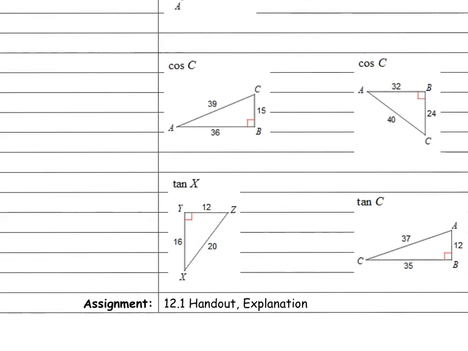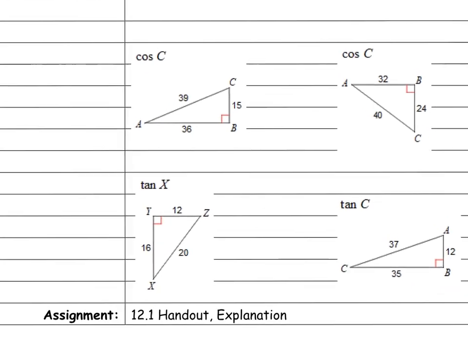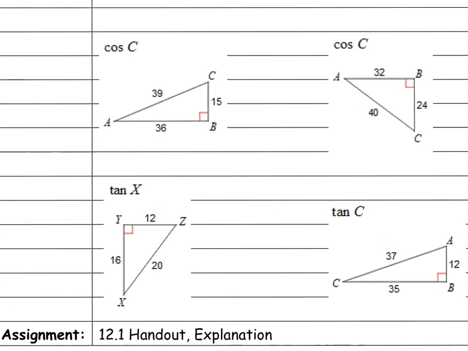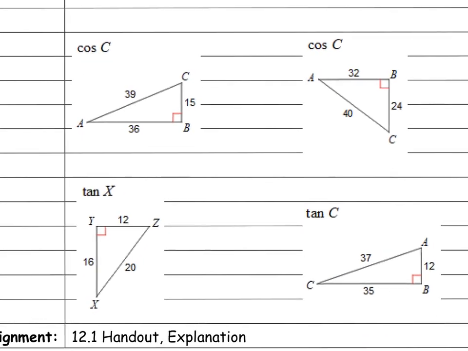So here's our last 4 problems here. Okay, I'm gonna make them a little bigger here. And the next one says cosine of angle C this time. So I'm gonna look for cosine of angle C. Well, here's angle C. And cosine is the side adjacent and the side hypotenuse.